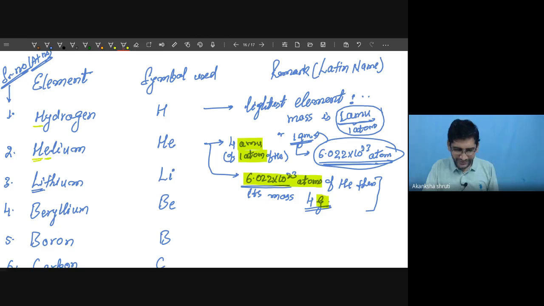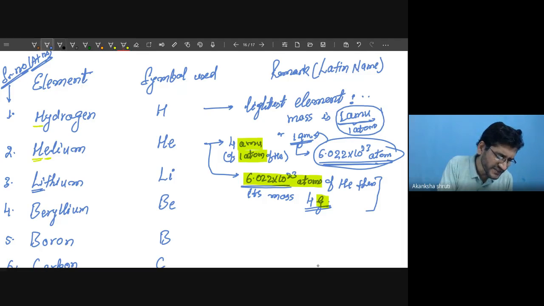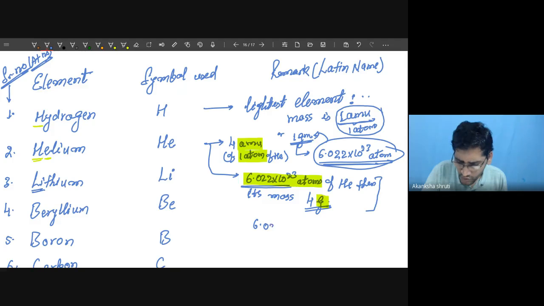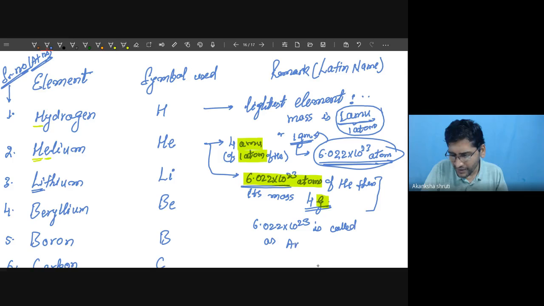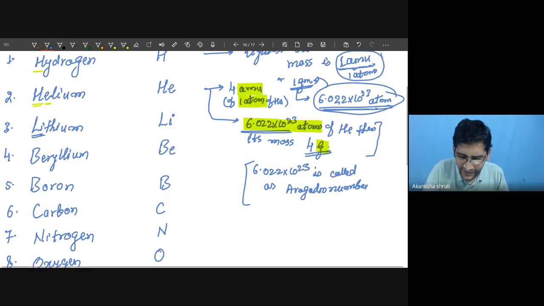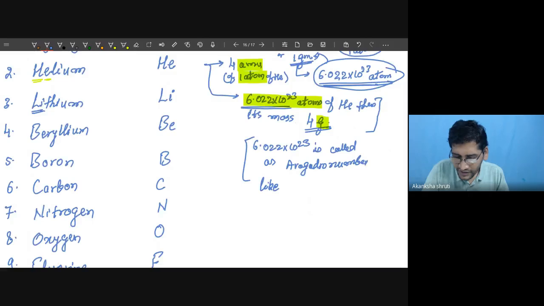Later on we will also learn in more detail that this 6.022 into 10 to the power 23 is given a special name called the Avogadro number. Like, if we are taking 12, a collection of 12 particles is called how much?